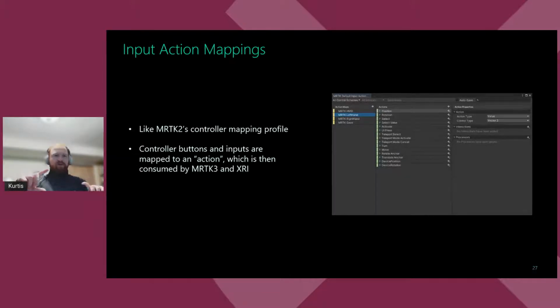Conceptually, it's almost flipped, right? MRTK2 put an emphasis on: here is a controller, map its buttons. Unity's input system puts more of an emphasis on: here are the mappings, assign buttons to them. So it's slightly flipped, but I think very usable.